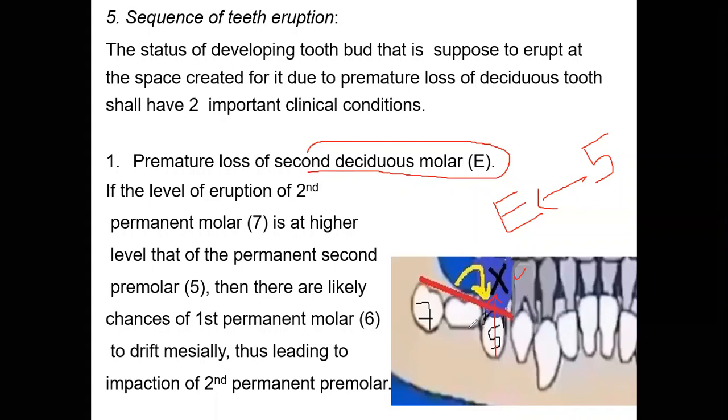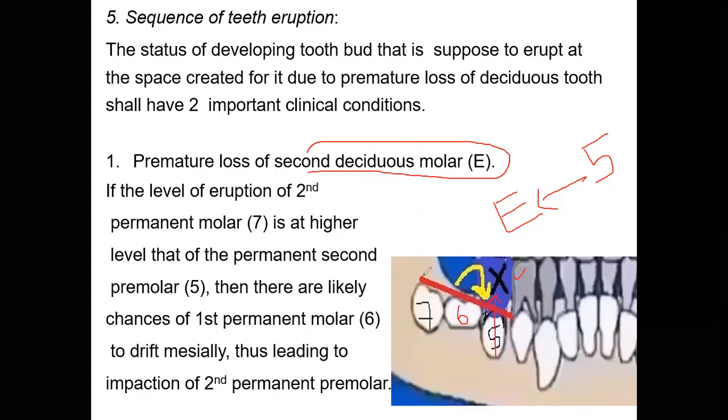So in the radiograph, we will see that this tooth is lost, E is lost, the 5 is there, 6 is not yet erupted, and 7 is also present in the bone. We will see the level of eruption. This is the first molar, this is the second molar, and this is the premolar.